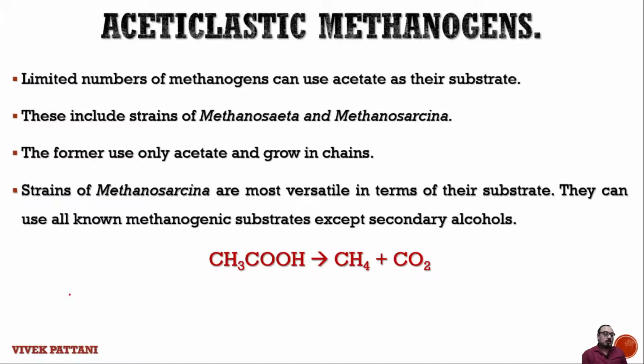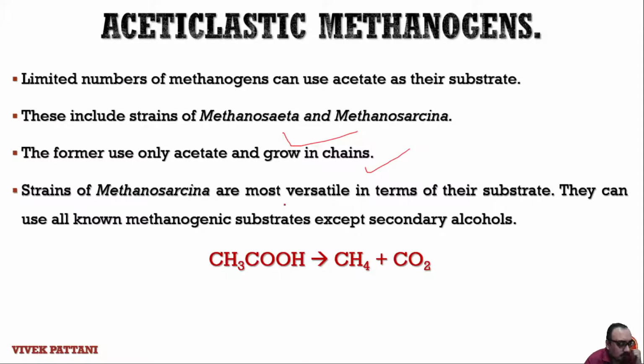They use acetic acid for their production of methane. This includes the genera Methanosaeta and Methanosarcina. The former only uses acetate and grows in chains.